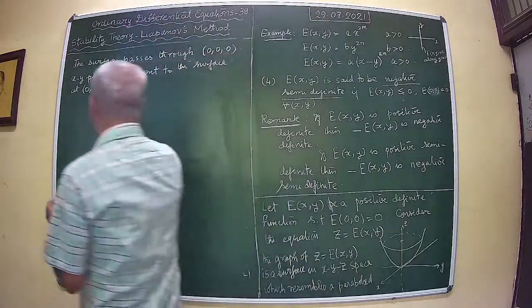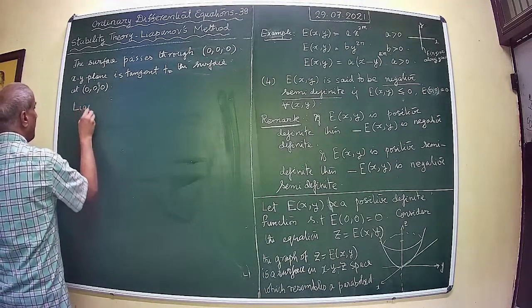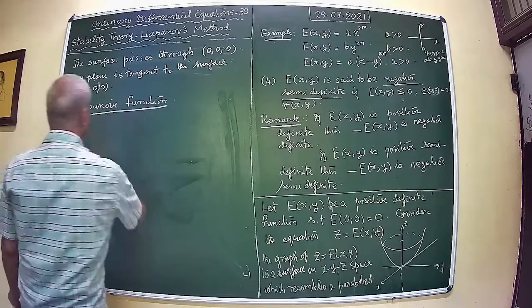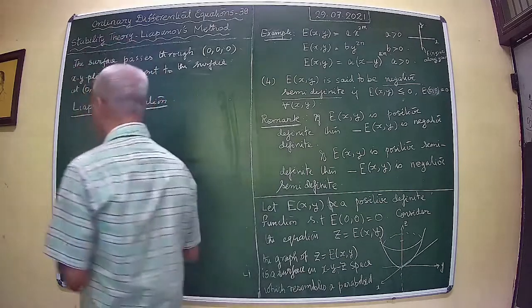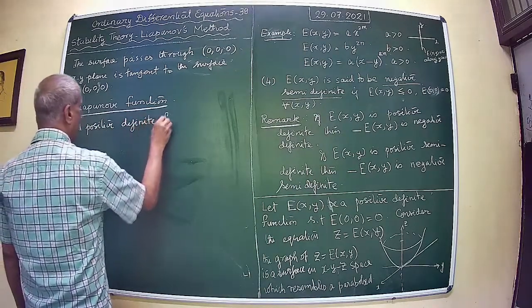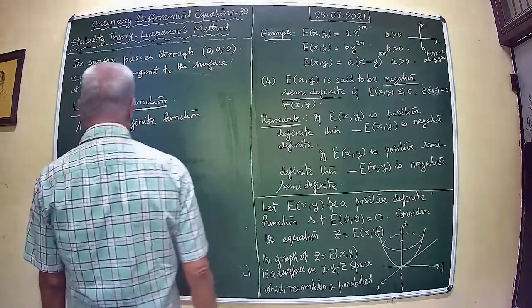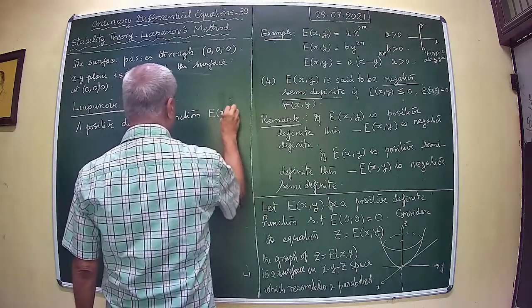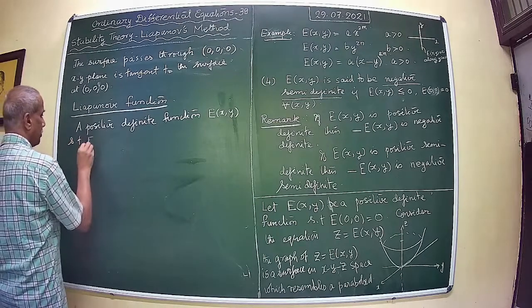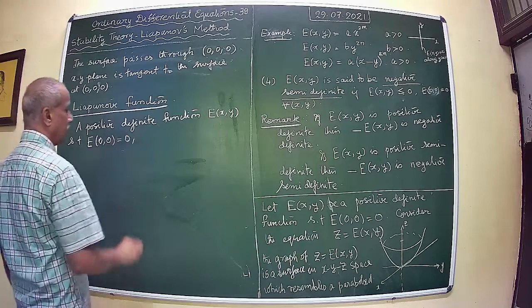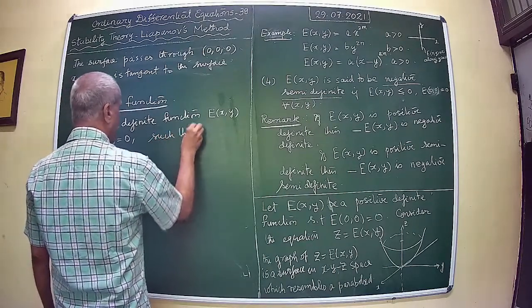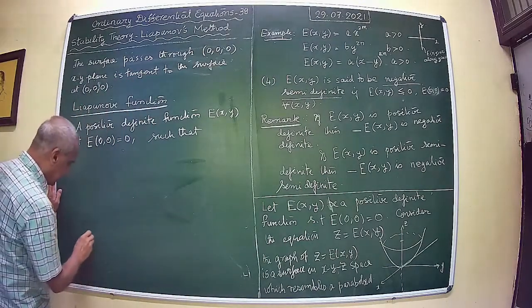Now we define what a Liapunov function is. A positive definite function E(x,y), where I am assuming the smoothness that I have assumed before, with the property that E(0,0) is zero, and, you recall this, E(t).